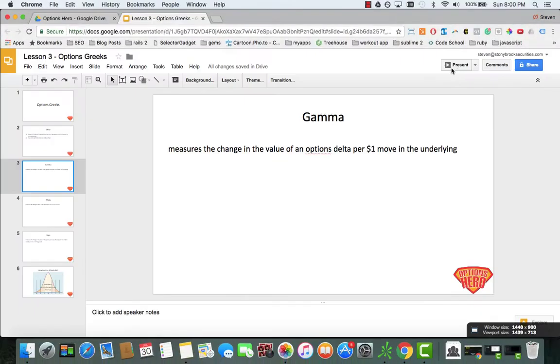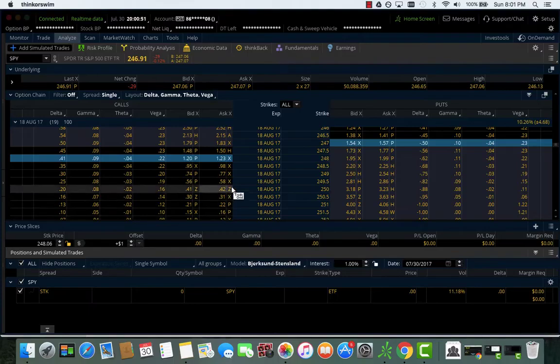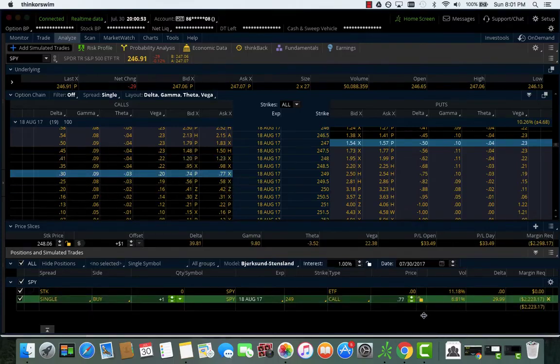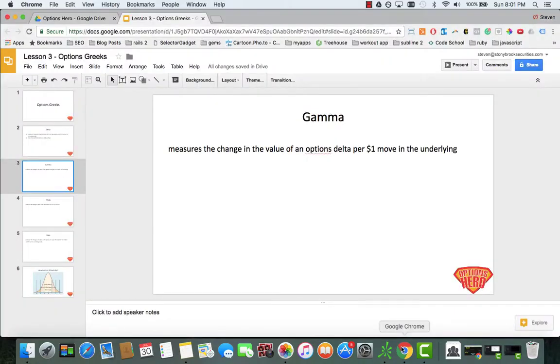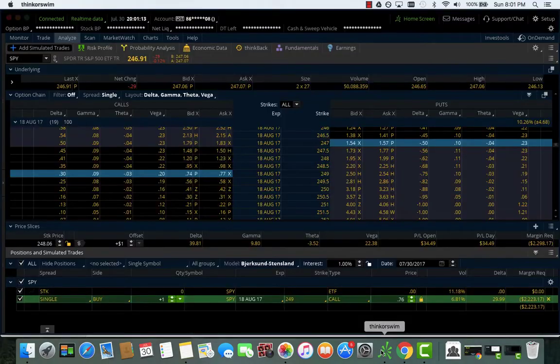Now, a lot of you are probably saying, Stephen, we bought this 30 delta call, and when it was stressed up a buck, it made a little bit more money than the $30 we were expecting to make, right? That is because of gamma. So gamma says, and let's take a look here. Gamma says per every $1 move of stock, the delta will change accordingly to the gamma.